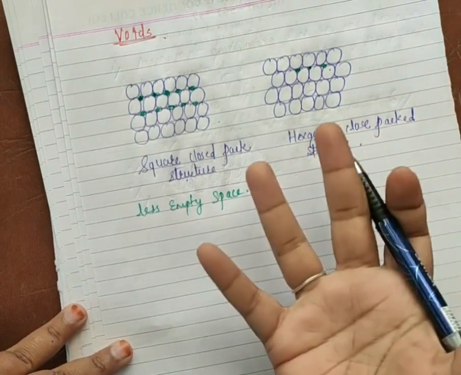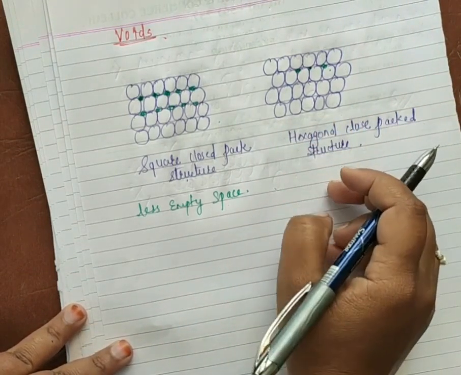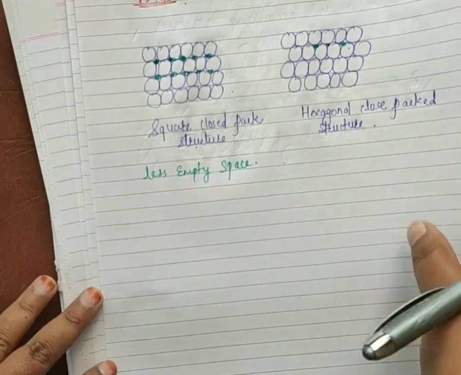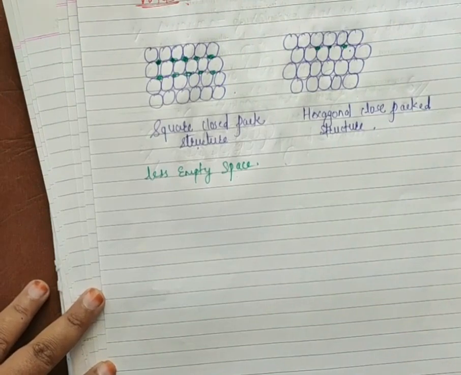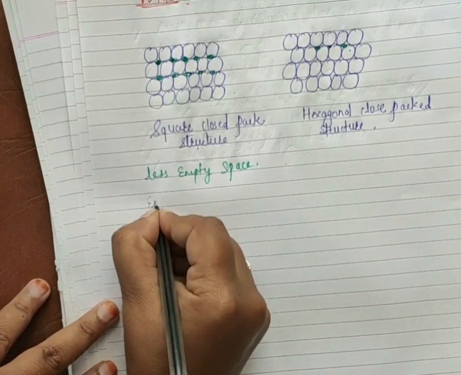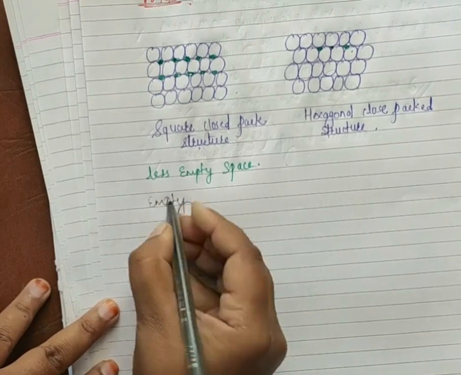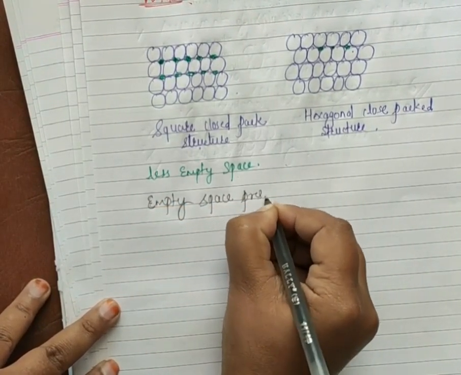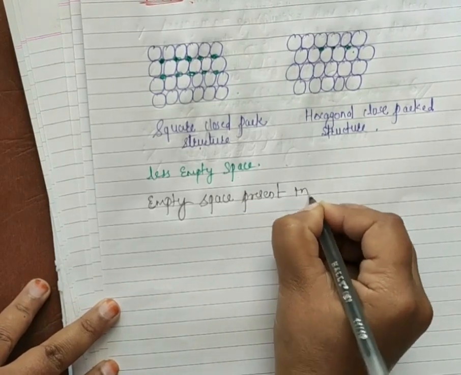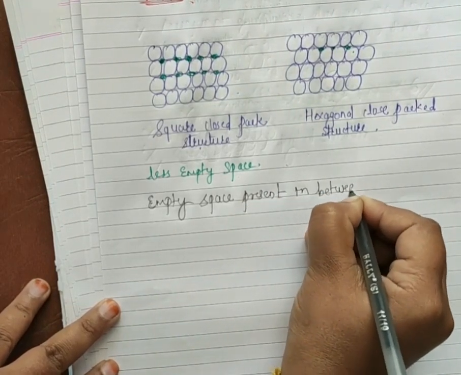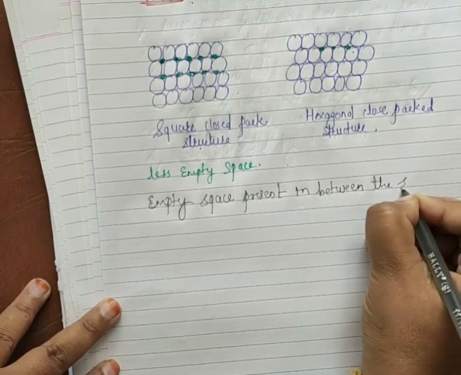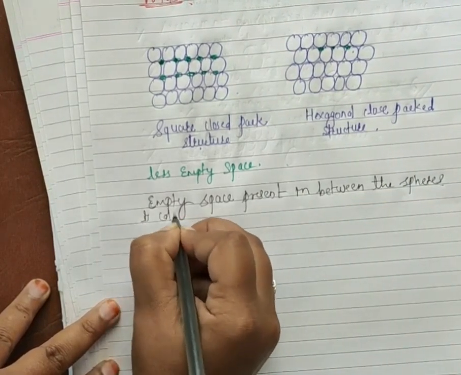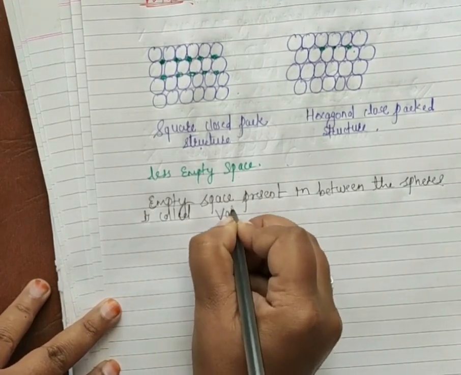Now, the question will arise in your mind, what is meant by this empty space? The empty space present in between the spheres is called voids.